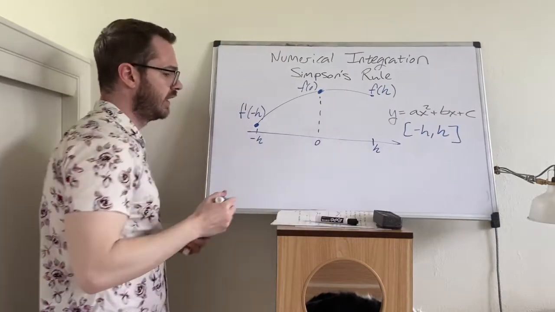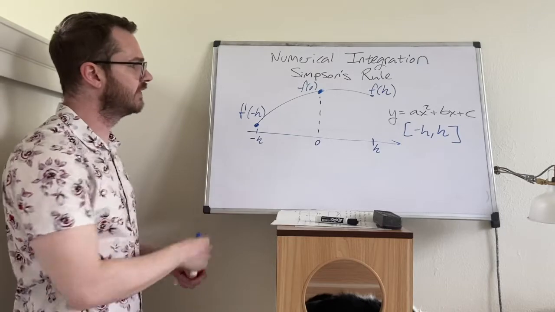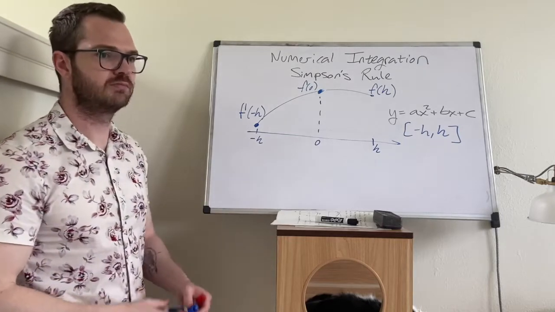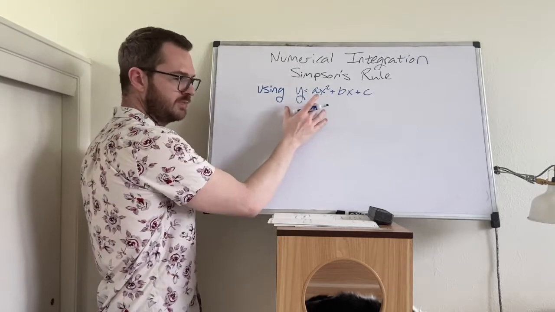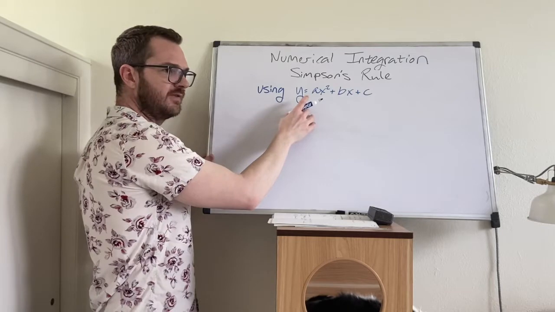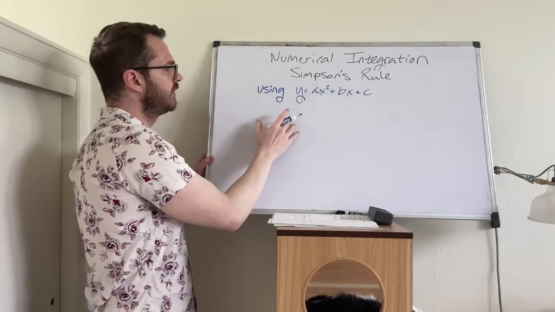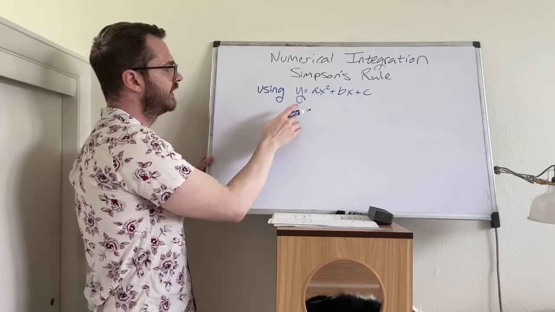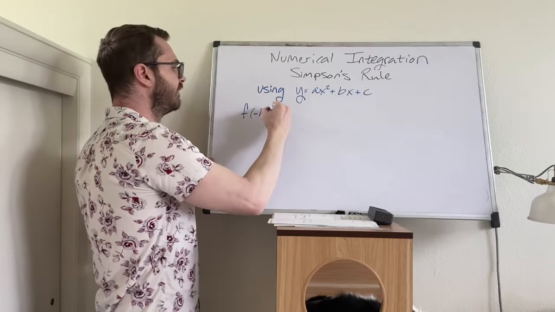What I'm going to do is use this diagram to come up with a couple of equations. Let me clean this up and we'll write those. Using the diagram from before, let's take our general form of the quadratic, and fit those data points from the last diagram into this equation. Now, the left-hand side y is the value of the function, so this is f of negative h.